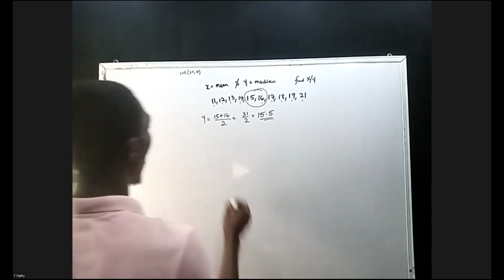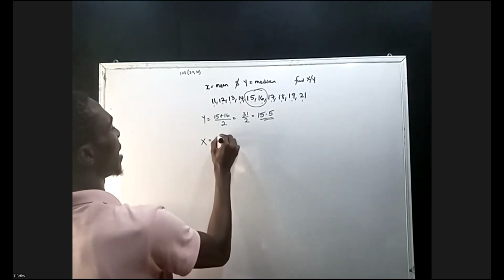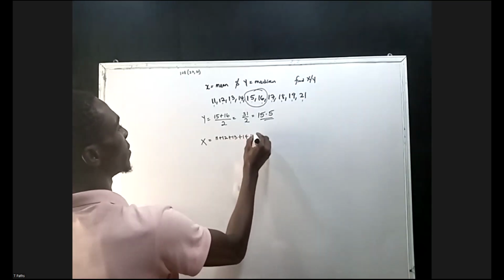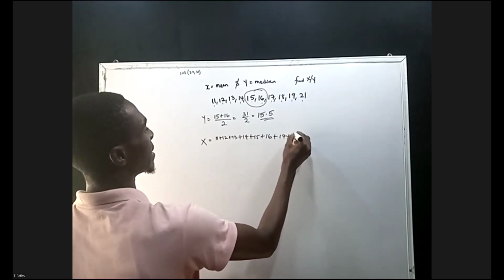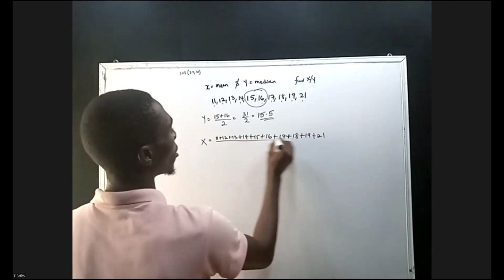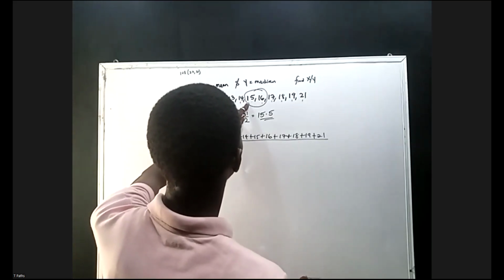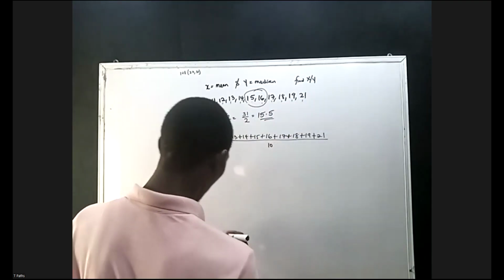15.5. Now, for the mean, X says that 11, 12, 13, 14, 15, 16, 17, 18, 19, then 21. We add all these together and divide by the total. 1, 2, 3, 4, 5, 6, 7, 8, 9, 10. So we have 10.